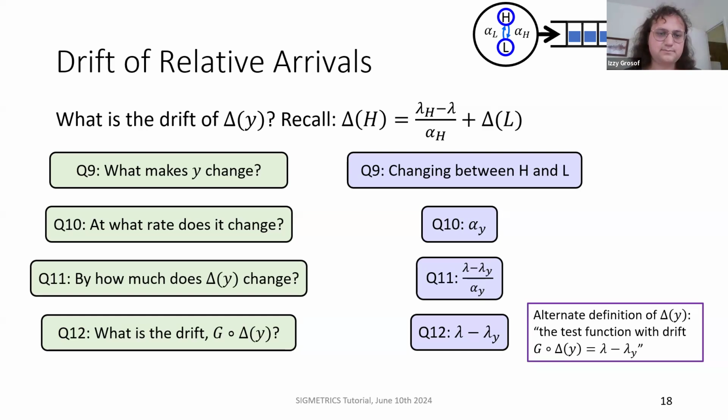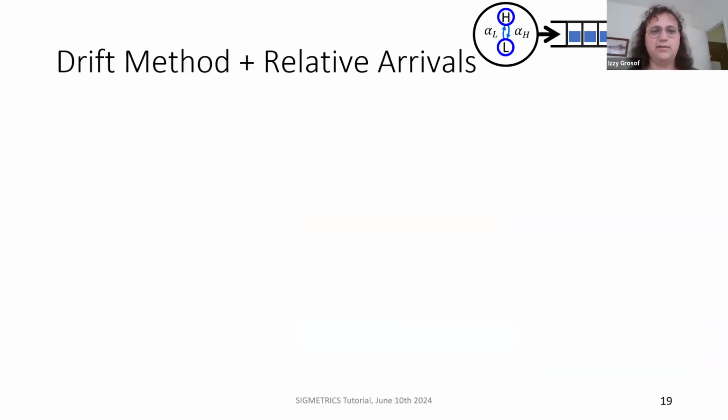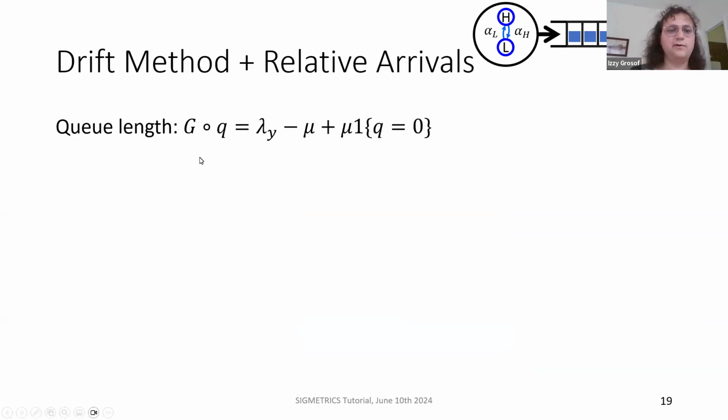Okay. So now we're ready to apply the drift method to our 2-level orbital system. So first, what's the drift of our Q length? Well, it goes up at rate lambda y, like we said before, and down at rate mu, like always, and then there's this edge condition when the Q length is 0. And this is not great.